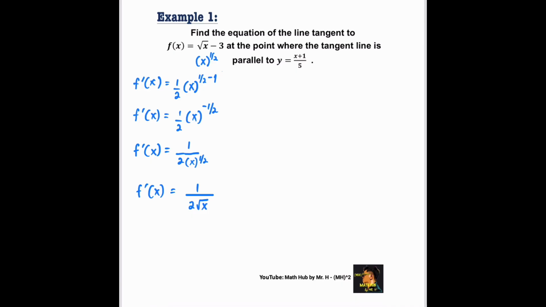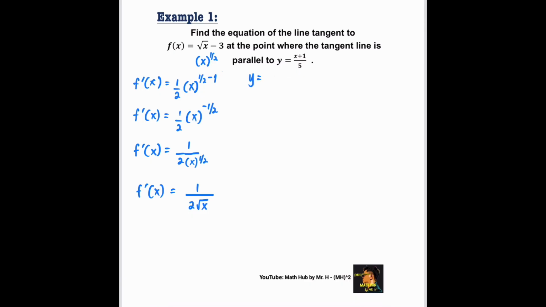The next step is we need to use this equation to find the slope. So we need to find the slope first of this line that we can use later on in identifying the x-coordinate of the point of tangency. Because if you take a look at the question, definitely we were not given the point of tangency. Alright?